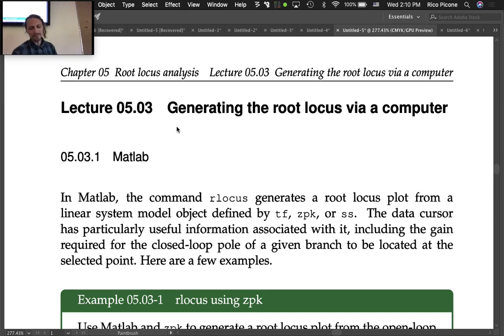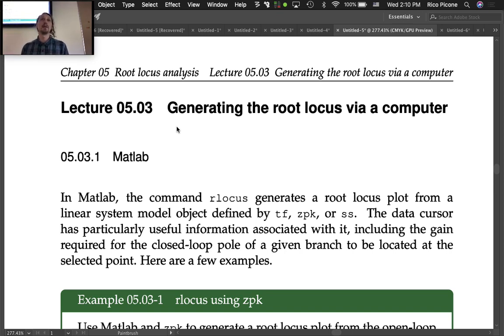So remember when we met last, which was like a week ago, we learned how to sketch the root locus by hand, which I said was great because we needed to learn how to get an intuition for how, if the poles and zeros in the transfer function change, the root locus will change.